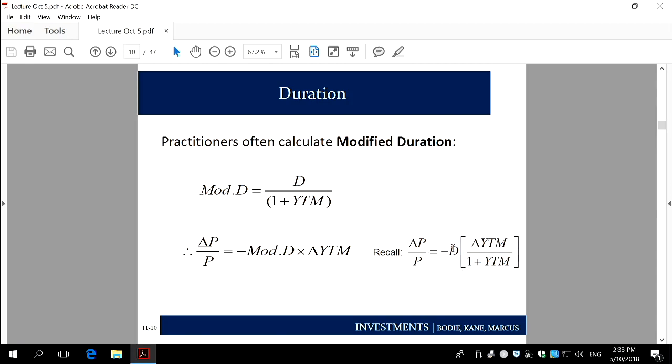If you have duration over 1 plus yield to maturity as modified duration, then this definition simply becomes this one: delta P over P equals modified duration times the change of yield to maturity. So it's just a little mathematical change, but based on the same equation.